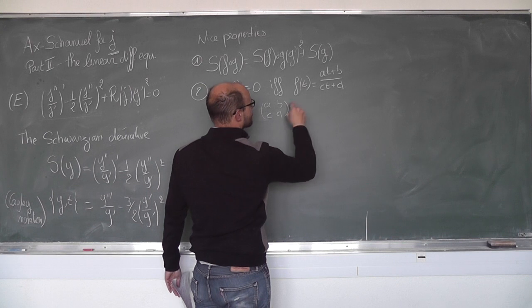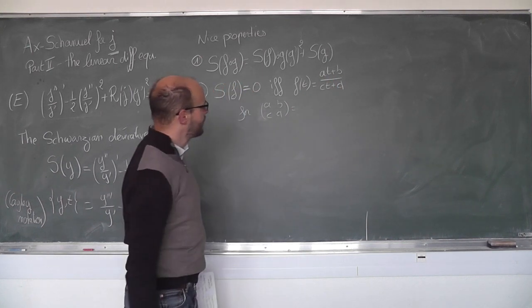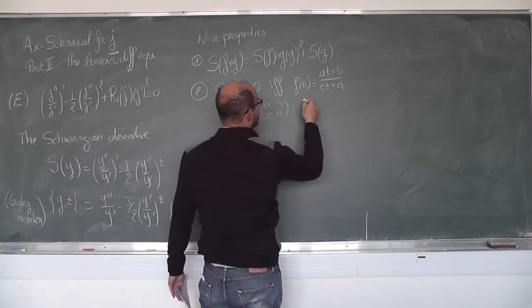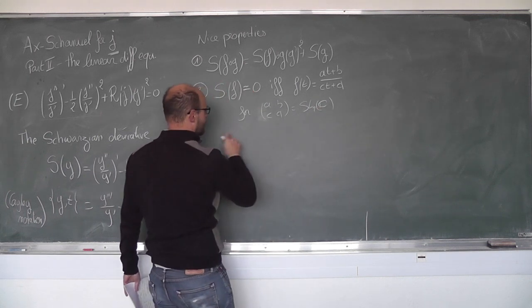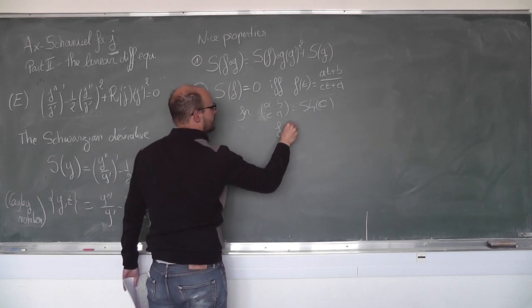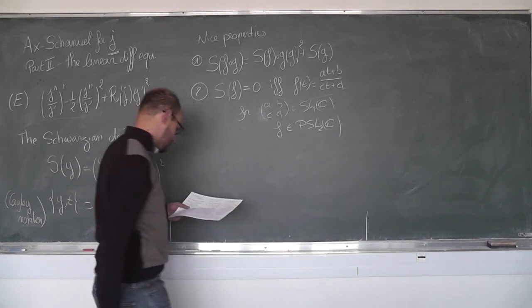You can multiply all the numbers a, b, c, d by a common complex number. You can see this in SL2 of C, and I will write F is in PSL2 of C, as I said last time.